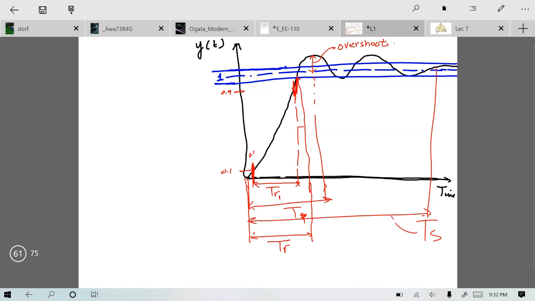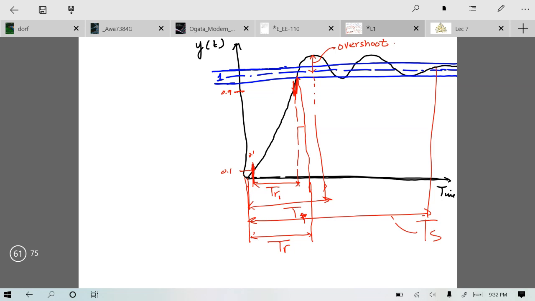By definition, settling time is the time the system takes to reach within 2% of the final value, so that the difference between the actual and final value remains only 2%.